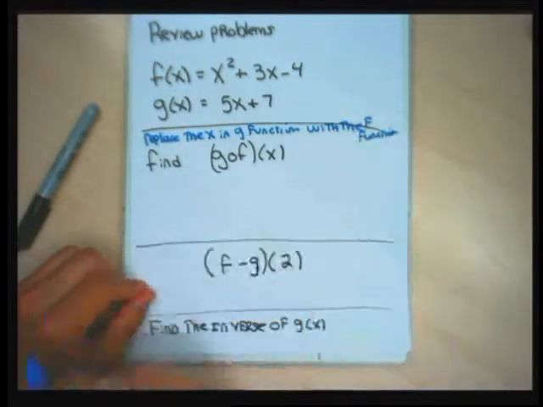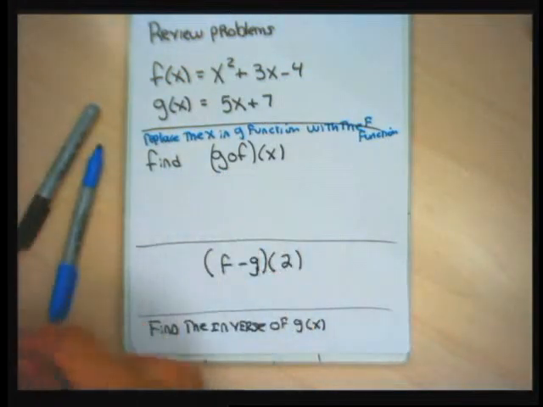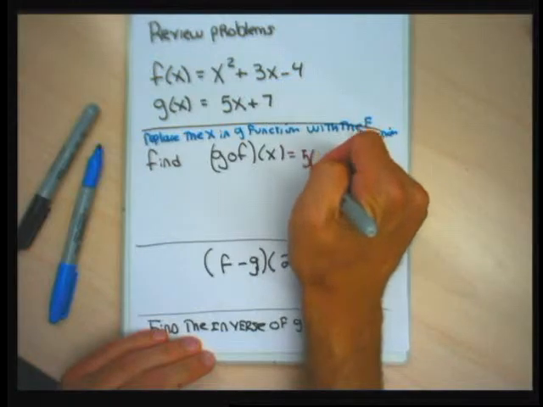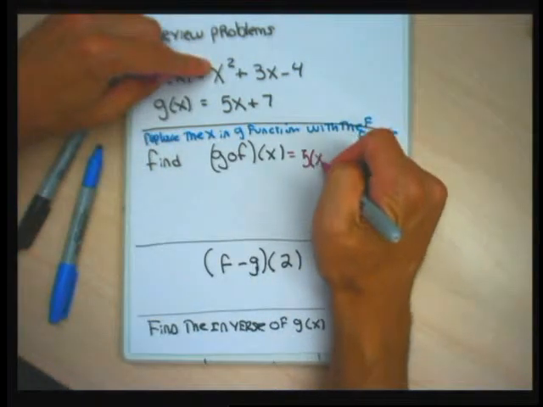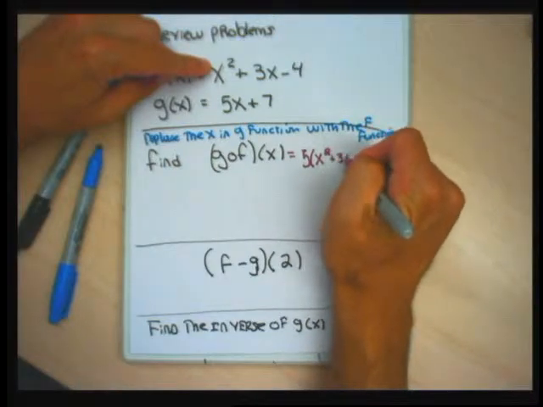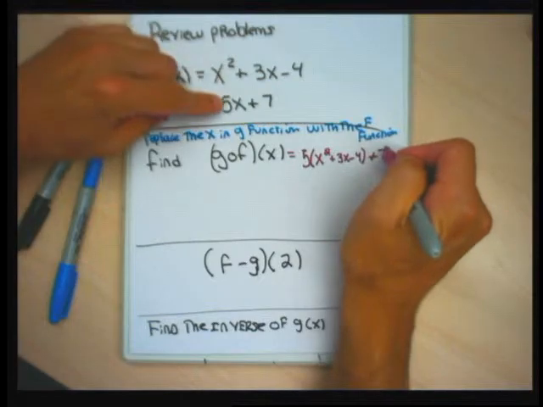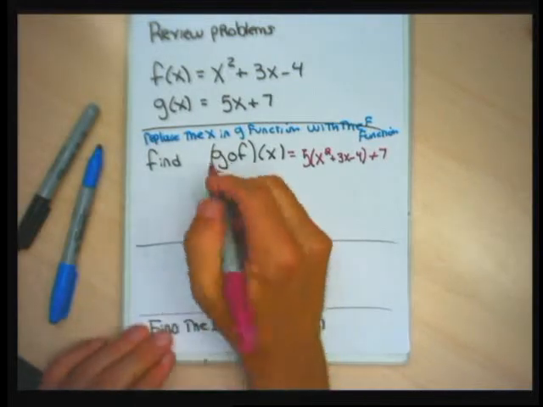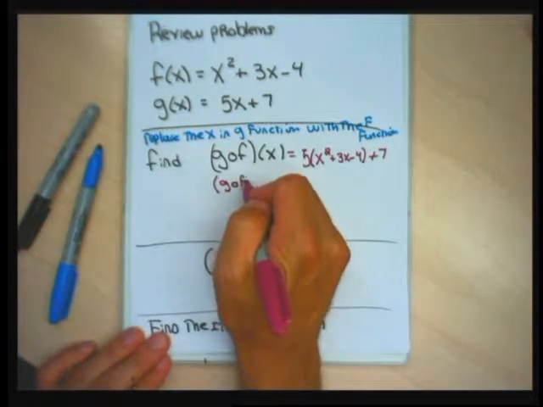And then I'm going to simplify. To do these composition of functions, you need parentheses. So here, I'm going to go 5, and then I'm going to replace the x with x squared plus 3x minus 4, and I still have the 5 and the plus 7 part of the g function. So that is what g composed with f of x is unsimplified. If you got that far on the test, you definitely get some partial credit.